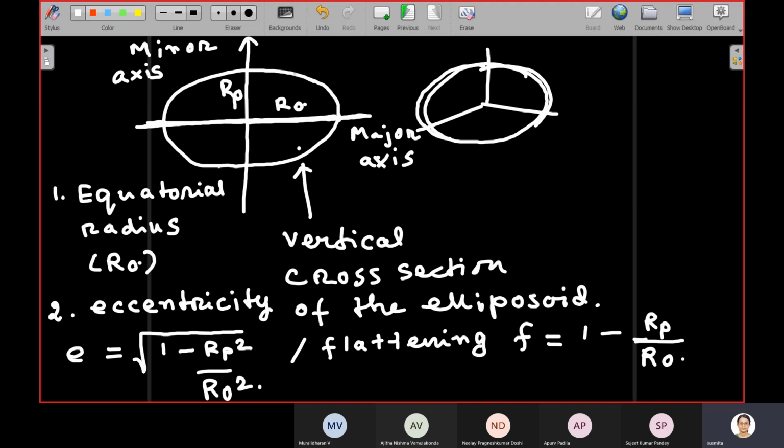Now if we take a point somewhere on the ellipsoid whose coordinates are x, y and z, then its distance from the ellipsoid center is called the geocentric distance r.